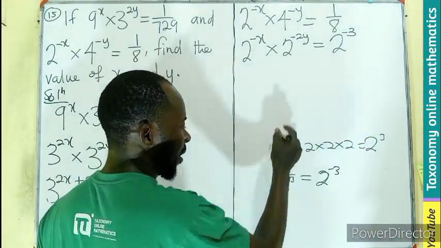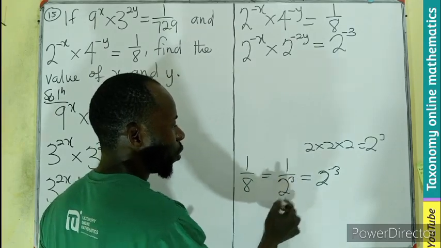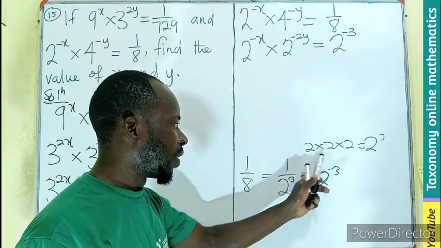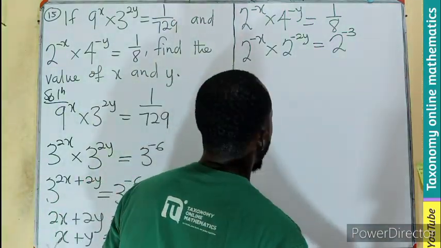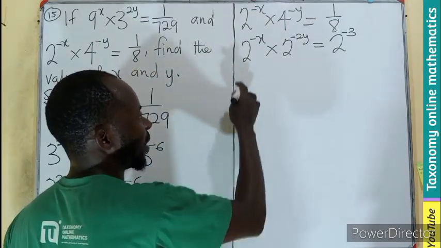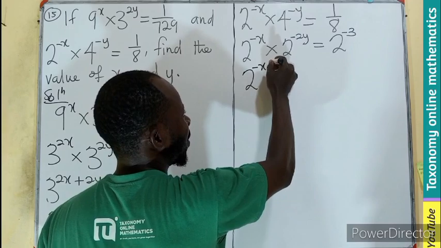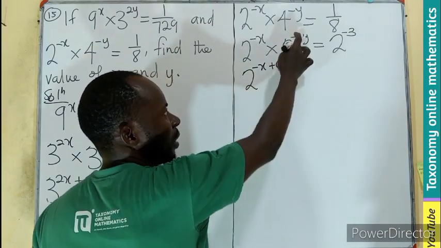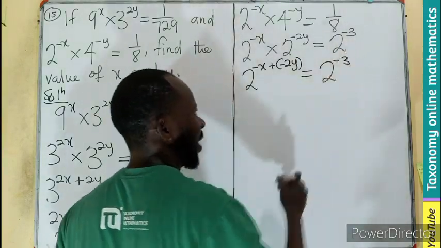From here, 1 over 8 equals 1 over 2 exponent 3. Applying the laws of multiplication with the same base, I have 2 exponent minus x plus this exponent, and that equals 2 exponent minus 3.